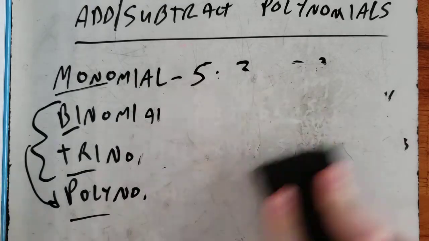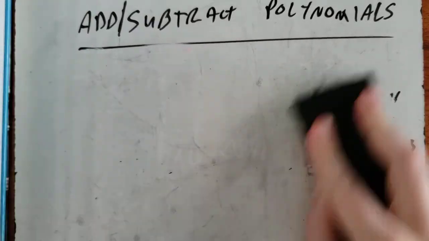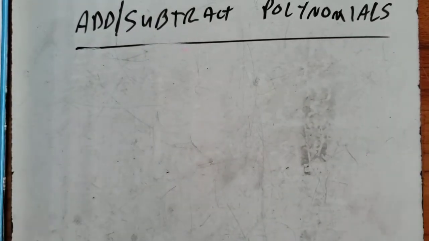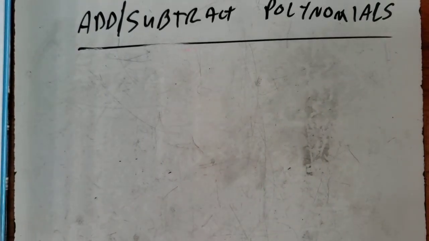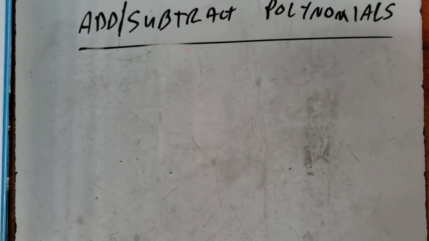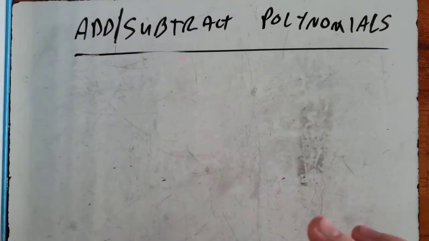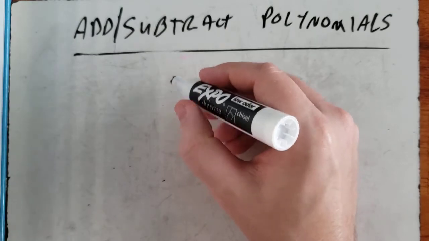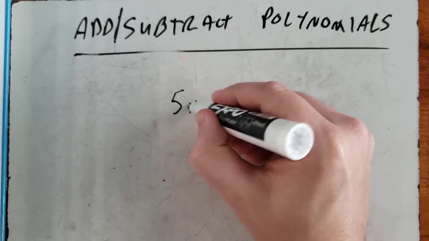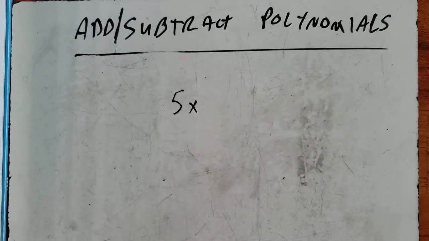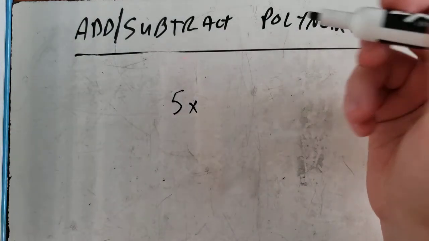Next we have to talk about degrees of these terms. A degree of a polynomial has to do with the exponents of the letters. So for example, let me give you a monomial: 5x.